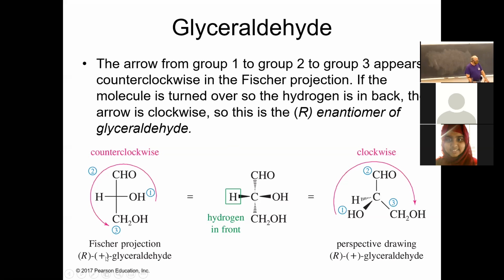Fischer determined that it rotated light in a clockwise direction, hence the plus. Now, how did he know it was R? Well, he just guessed, and he guessed correctly. But it turns out, as we saw, some R molecules have a minus rotation and some have a plus rotation.